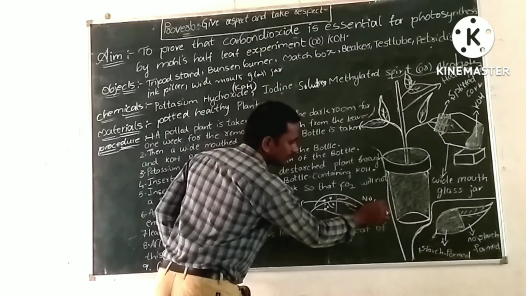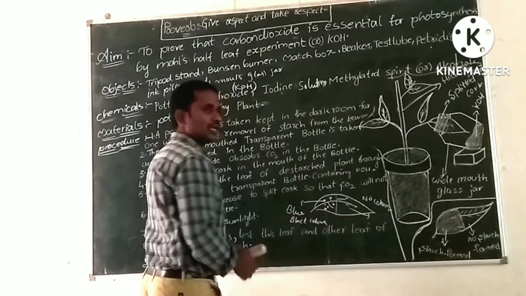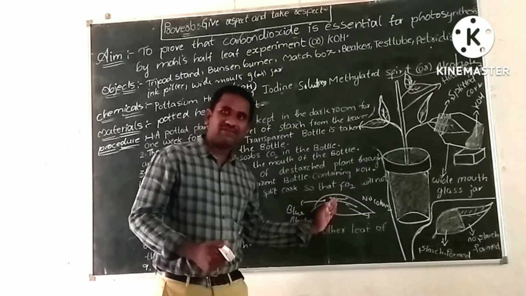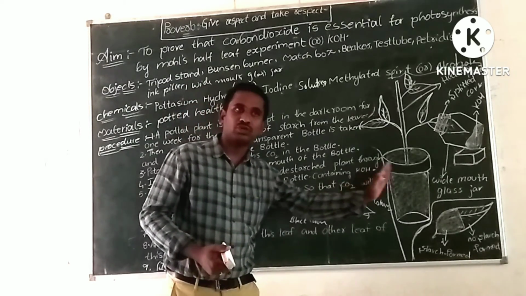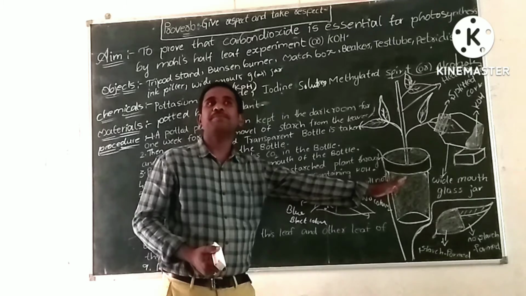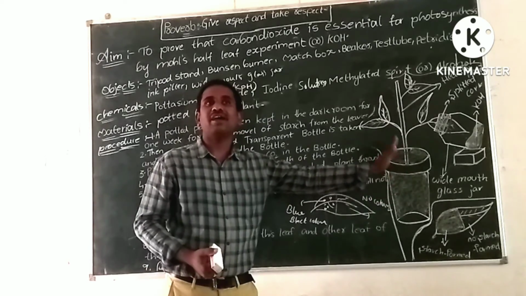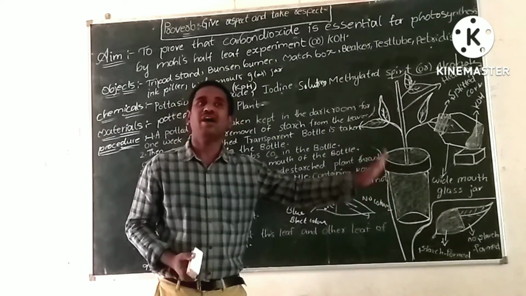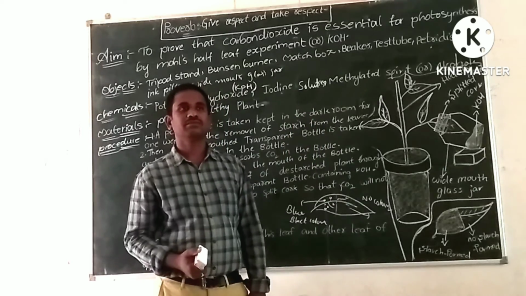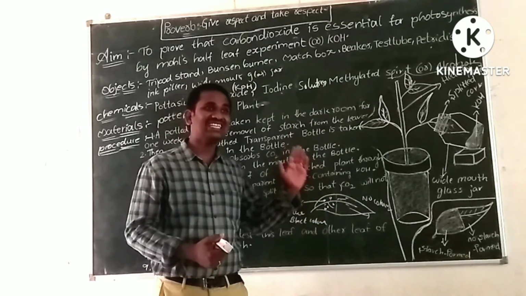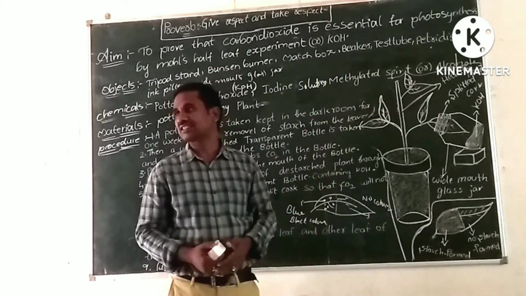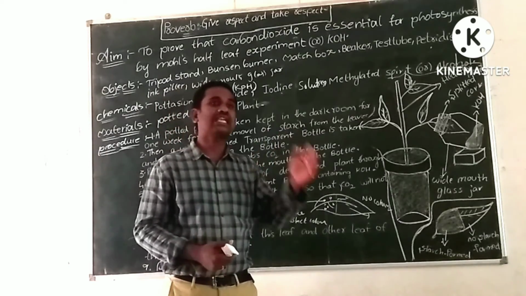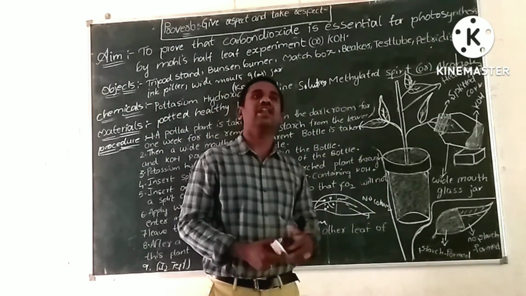The part of the leaf exposed to the environment without carbon dioxide shows no color, while the part exposed to the carbon dioxide environment gives the blue-black color.